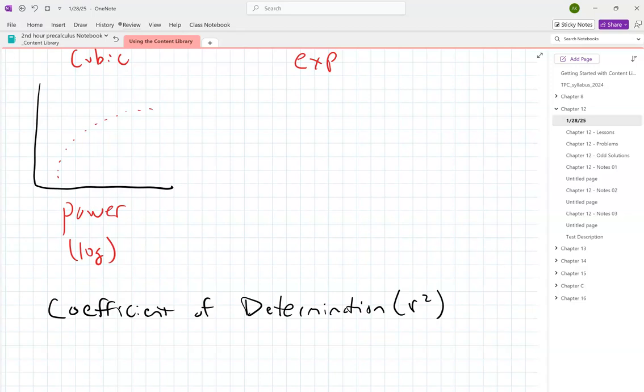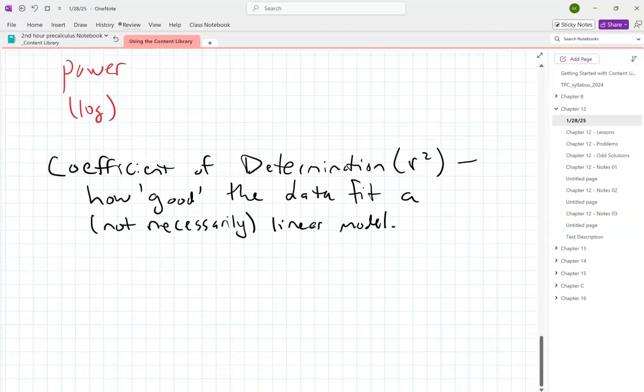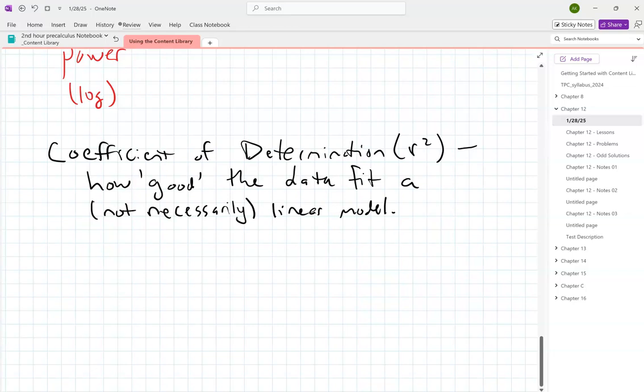And that describes how good the data fits a not necessarily linear model.